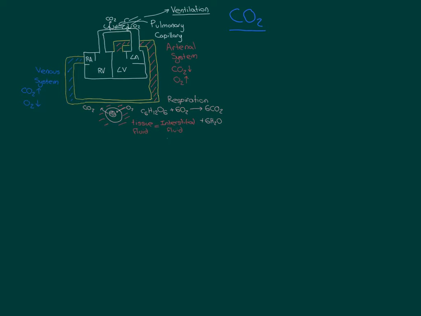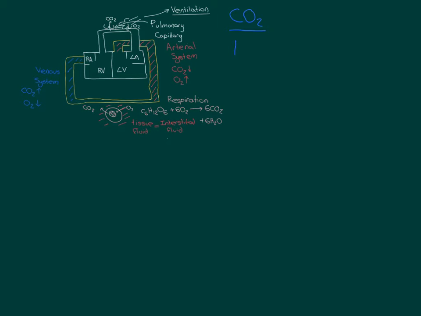Okay, so there is carbon dioxide in the arterial blood and it's in the blood dissolved. So you have carbon dioxide molecules dissolved within the water molecules that make up the blood. Okay, so let me start by telling you about the concentration of carbon dioxide that is dissolved in the arterial system blood.